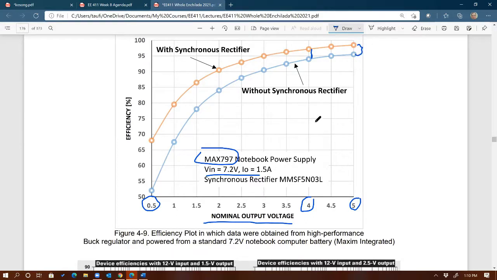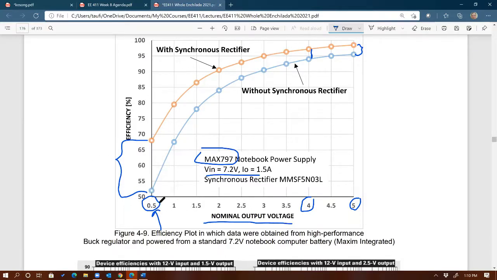But look at the gain that you get in terms of efficiency at very low voltage, let's say 0.5. Look at it. The efficiency gain is big at low voltage. What is that? Let's say 50 to about 65. That's 15%, right? Even more. So roughly 15%, maybe 20% gain in efficiency at lower voltage.